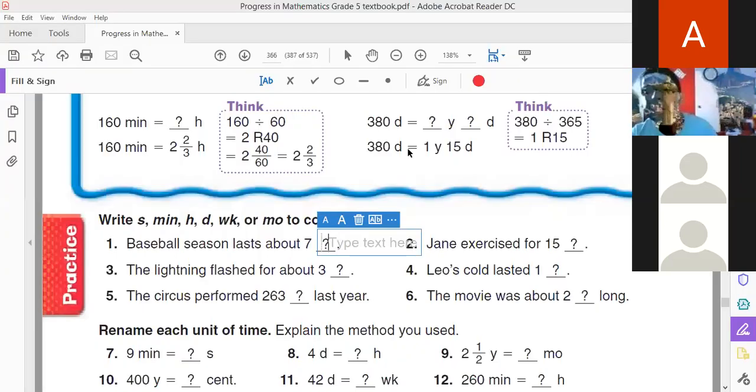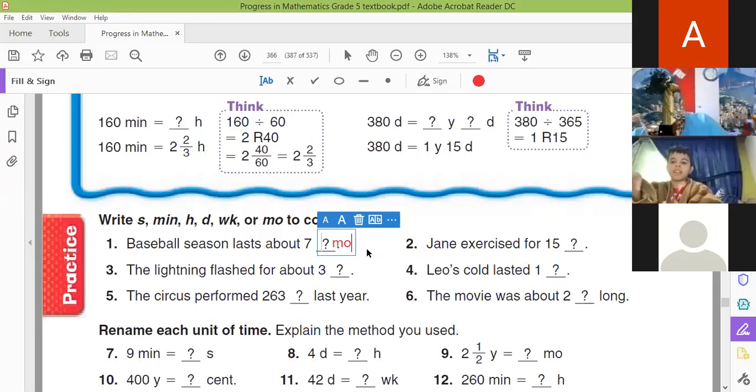What can you see now? I think the book. Can you see the book now? Oh, no. Now, right here, MO. Yes, 7 months.